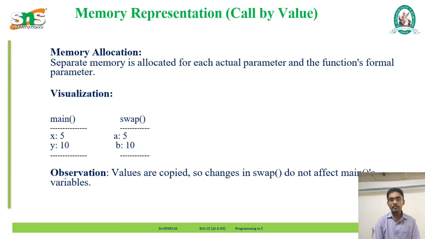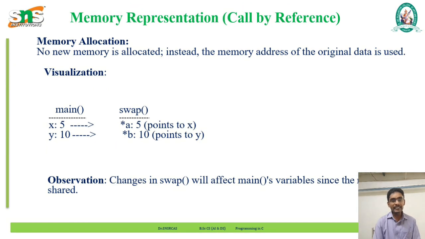If you print the a and b values, it prints a equal to 10 and b equal to 5 once you swap, but it will not swap inside the main function. Whereas in pointers, while using call by reference, after swapping the values are exchanged. It will affect the main variables' values also.